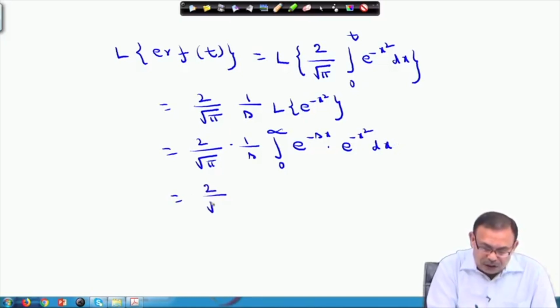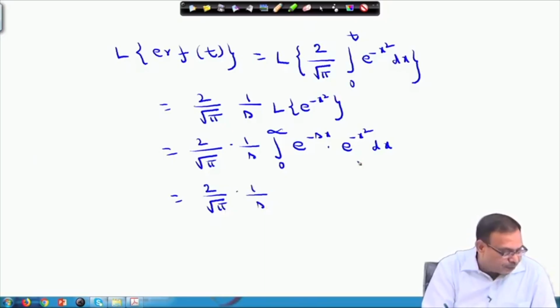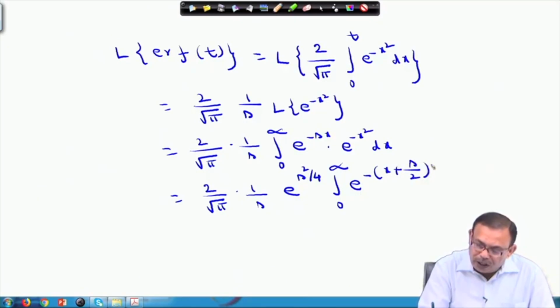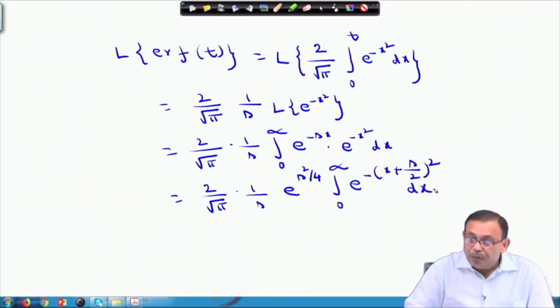So again I will write 2 by root pi into 1 by s e power s square by 4, I am just explaining, into integral from 0 to infinity of e power minus x plus s by 2 whole square dx. My aim is to make it some known function. So I am multiplying by e power s square by 4 here, and this e power s square by 4 I have taken over here, so that they will be nullified.